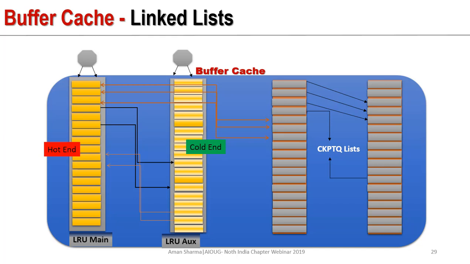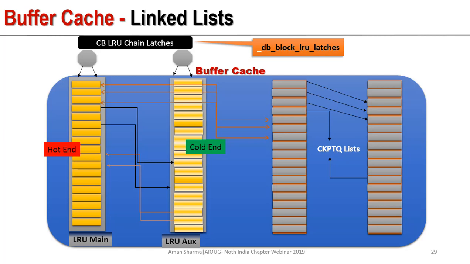So the hot end and the cold end are not in one linked list, but are available from 2 linked lists, and you manage them through the chain latches, which are used to access a buffer or move buffers to and fro between these linked lists.